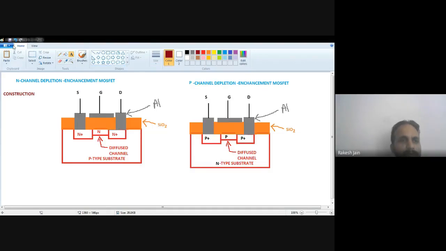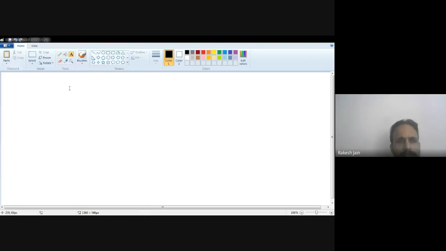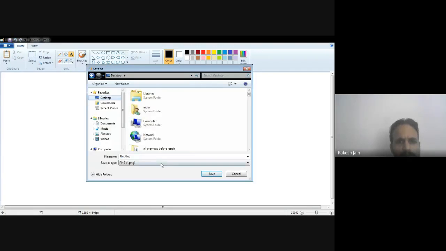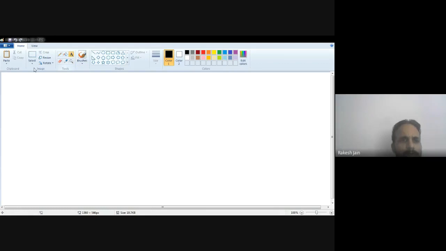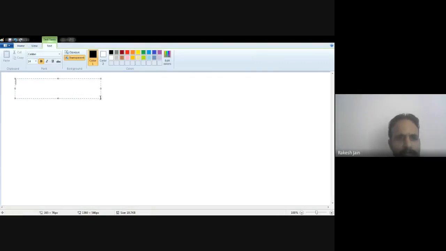Okay. Now on the next page, see this one. Now the working principle of MOSFET. Now I am going to teach you about the working principle of MOSFET.